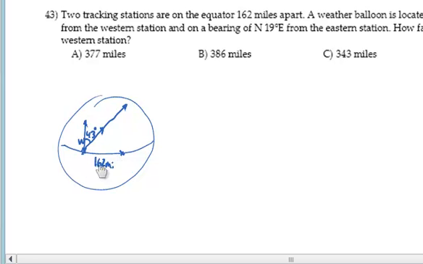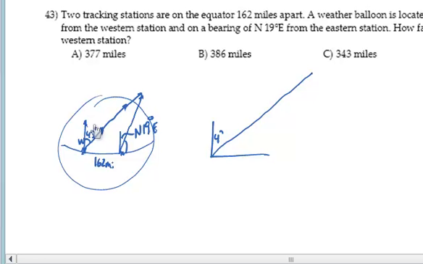The bearing from the eastern station is north 19 east. I'm going to redraw this so we can see it. This is one bearing, so this angle here is 43 degrees, and this is the other bearing, so that angle in here is only 19.